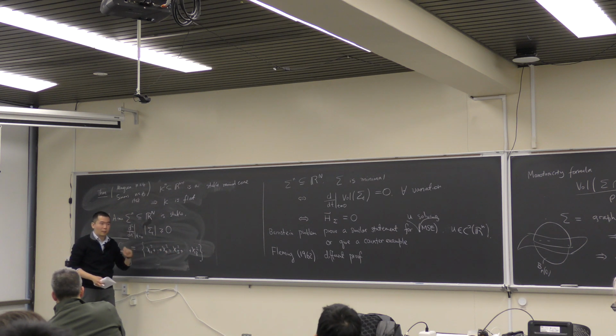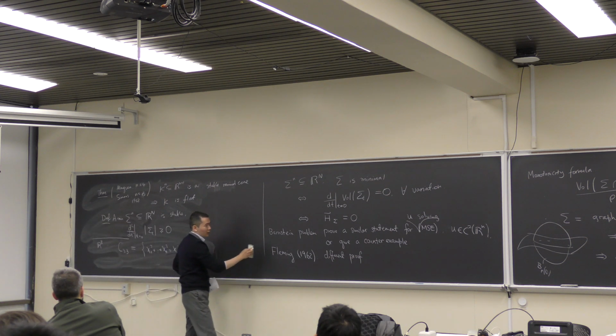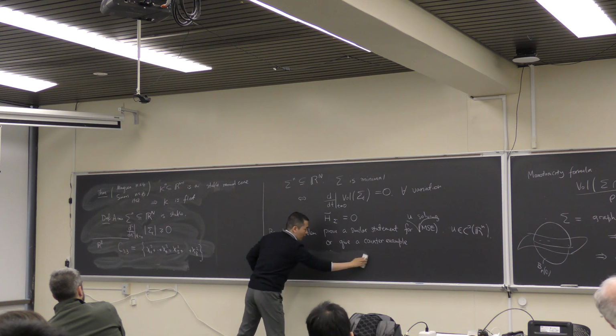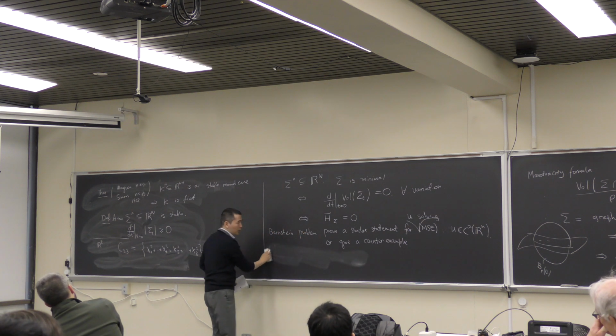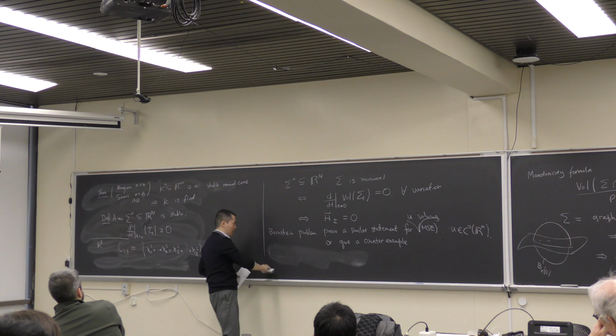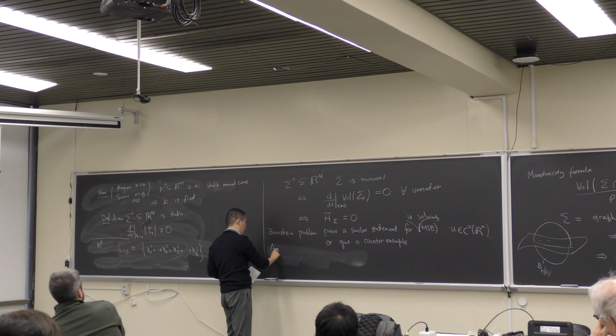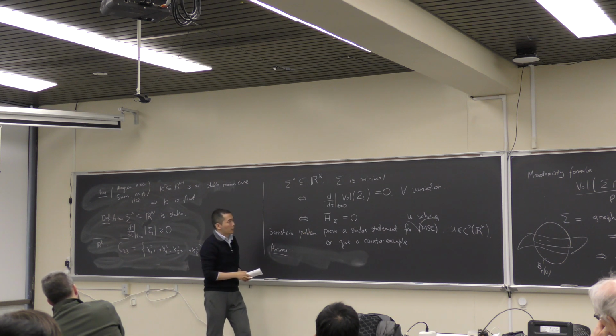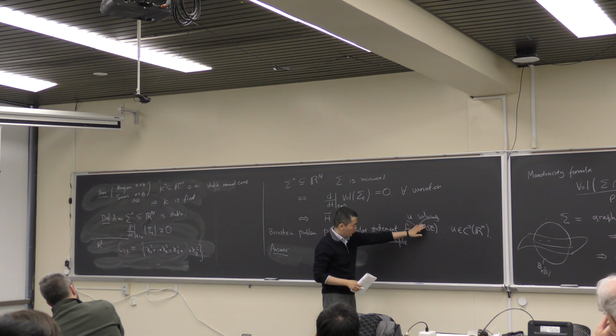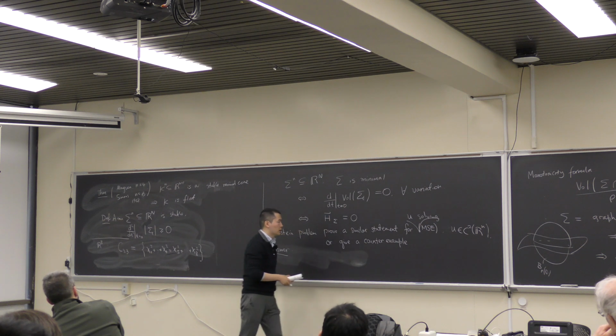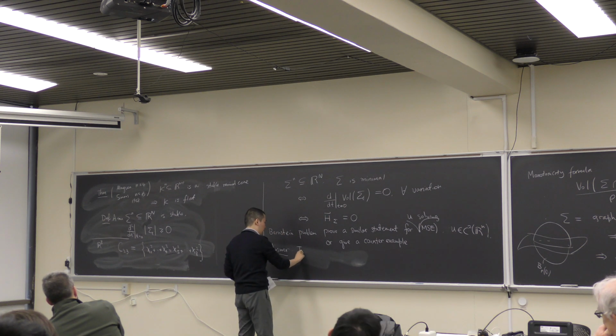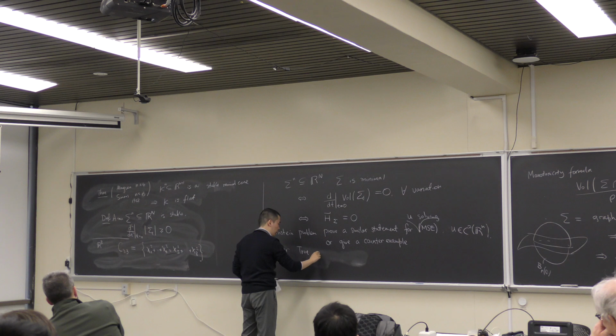So combining all this knowledge together, we have a complete answer to Bernstein's problem. The answer is: an entire solution to the minimal surface equation is flat if and only if n is less than or equal to 7.